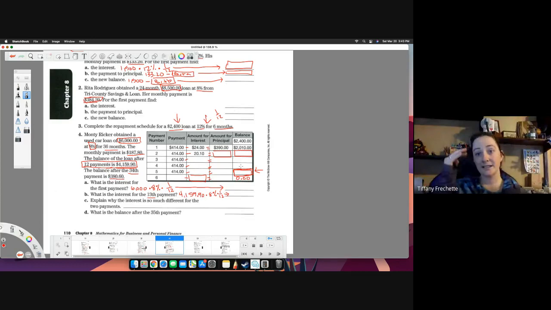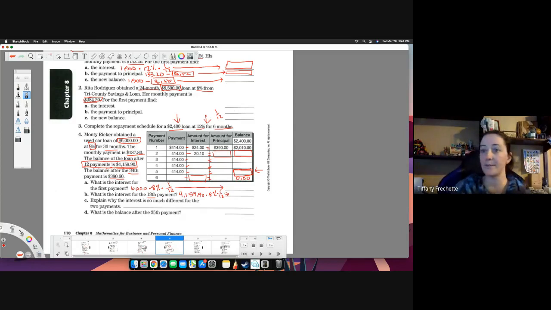So as the principal goes down, should you be paying the same in interest, or should the interest also come down? Why is the interest so different between the first and the 13th payment? Pay attention to the idea that you're paying down the principal. It's not the same amount anymore. If the interest didn't go down, that would be a pretty steep penalty for borrowing some money.